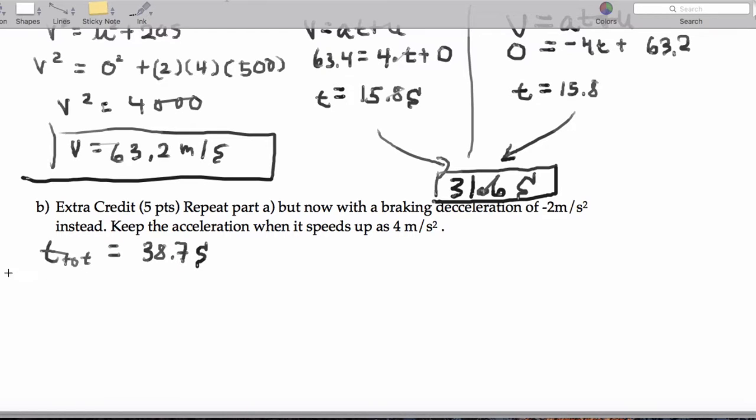And I got a V max, I think, of 51.6. Let me just double check that. Actually, no, I should be careful on that. I don't think that was it. It might have been, oh, yeah, I got it. So my V max ended up being 51.6 meters per second.